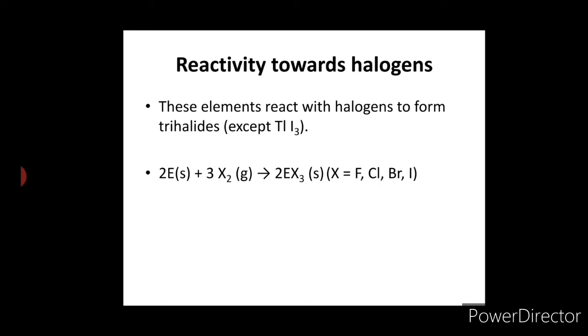That is why the stability of the +1 oxidation state increases and the +3 oxidation state decreases. That is why, in the case of the elements lying towards the bottom of the group, they form trihalides that are less stable in comparison to their halides formed in the +1 oxidation state. That is, TlCl is more stable than TlCl3. That is due to the inert pair effect.